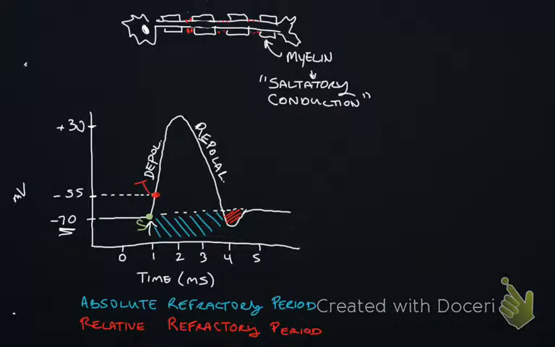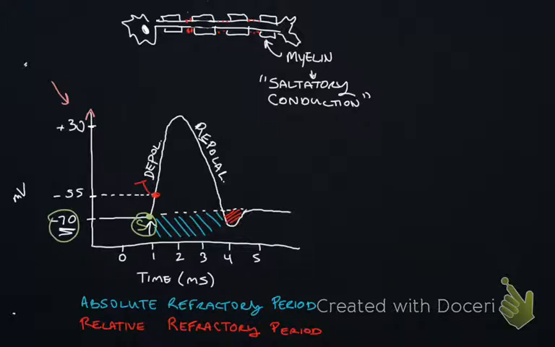So let's take a look at this chart. This is the same chart we just did. It just has a few other words on here that are important to know. So we have millivolts on the y-axis and time on the x-axis, which is the horizontal axis. So we know we have that stimulus that starts it all off and moves us away from resting membrane potential, which is negative 70.